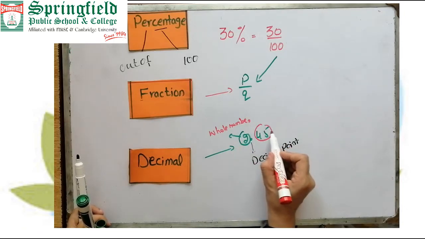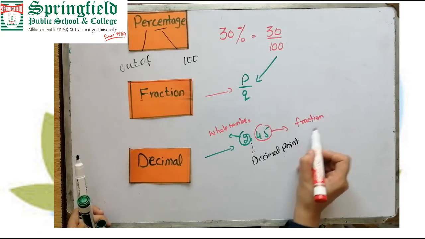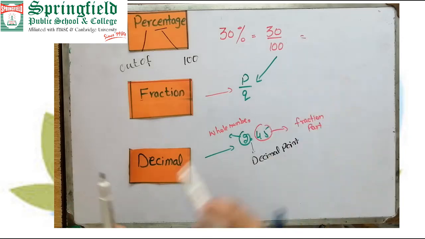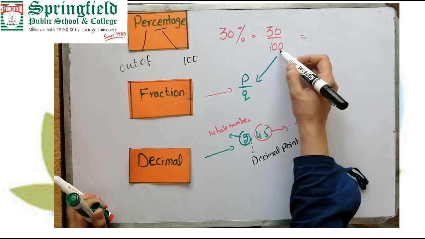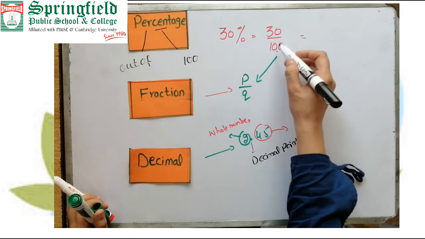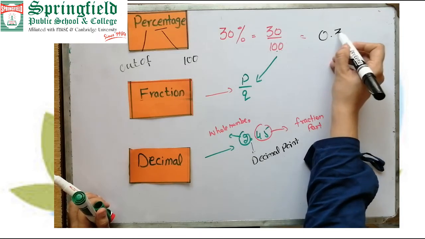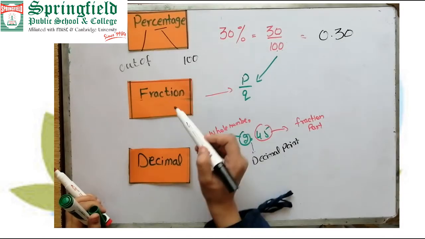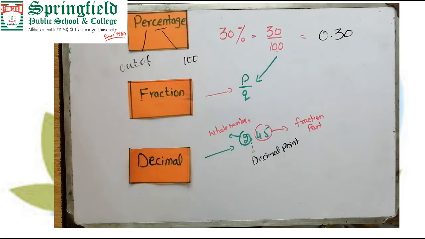And after the decimal point, this part is called a fraction part of a whole. So 30 by 100 can be written into the decimal form by division rule. We check how many 0s in the denominator, 1, 2, so we write the point after the 2 digits: 0.30. So beta, it means we can write percentage into the fraction form and fraction form can be converted to the decimal form, and they reverse into each other.